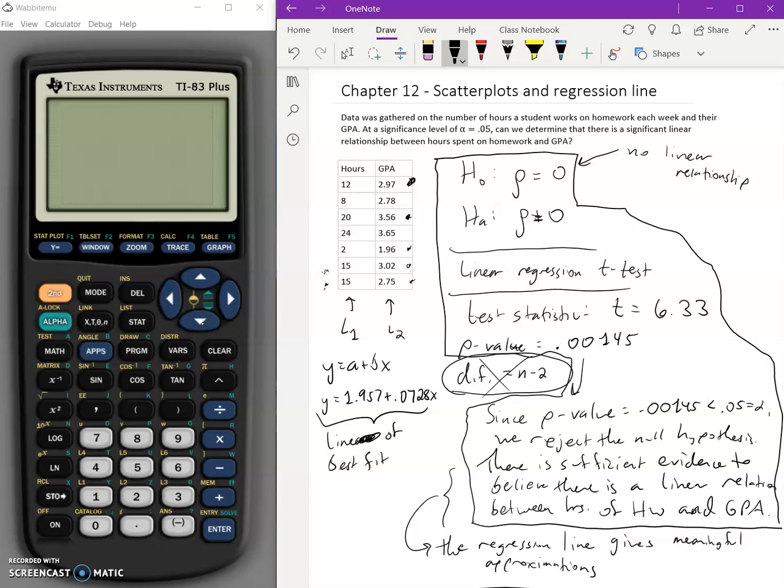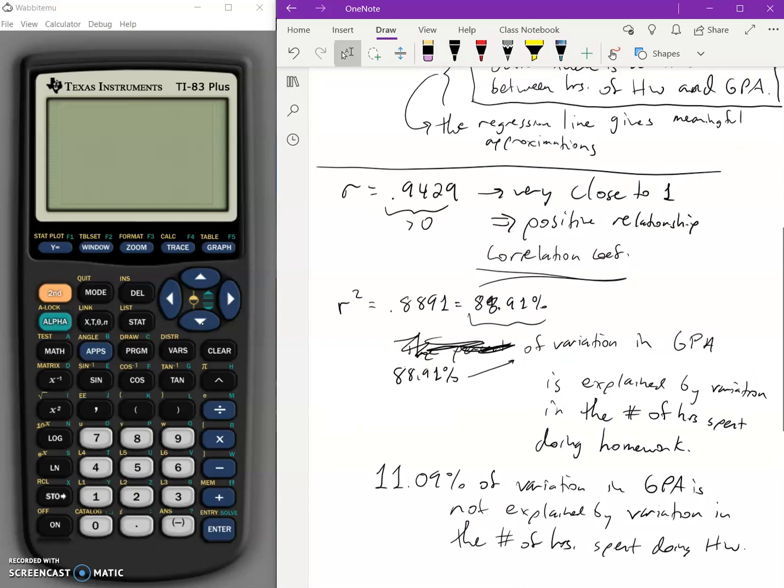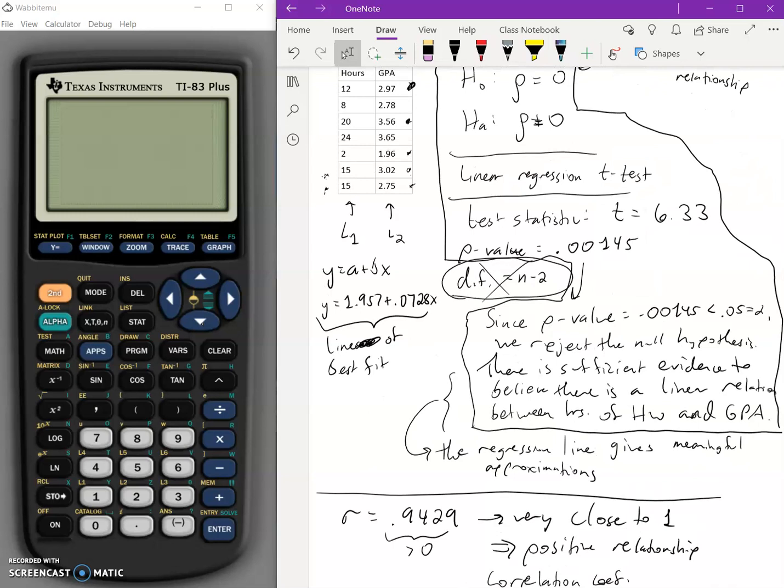So we don't expect 100% of the variation of the GPA to be based off of the hours. So we're looking at, why do we have different GPAs? Well, almost 89% of the reason why there are different GPAs is explained because they spend different numbers of hours doing homework. So that is R and that is R squared in this situation, based off of also with hypothesis testing.